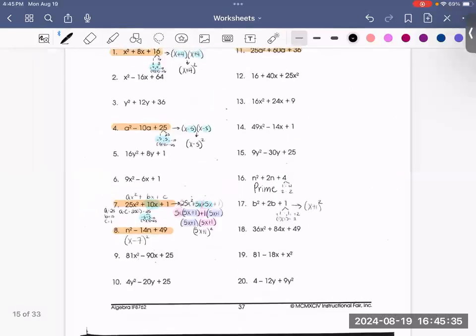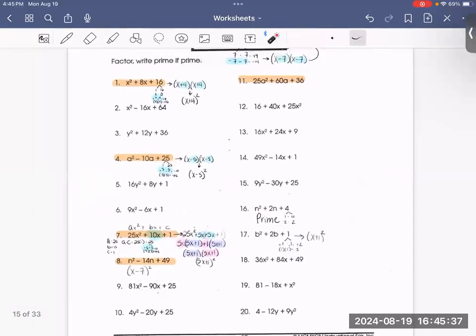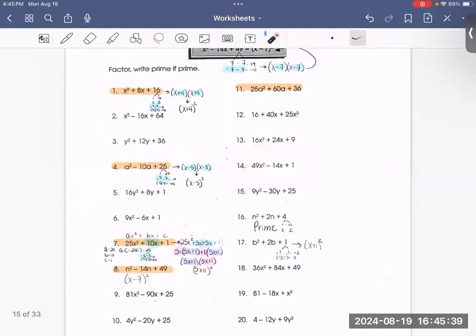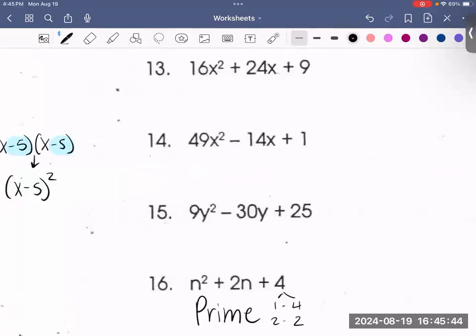Let's try that again. Let's try 14, and then we'll try 11. So for 14, we have A as 49, B as negative 14, and C as 1. So we're multiplying A times C, so 49 times 1, which is equal to 49.